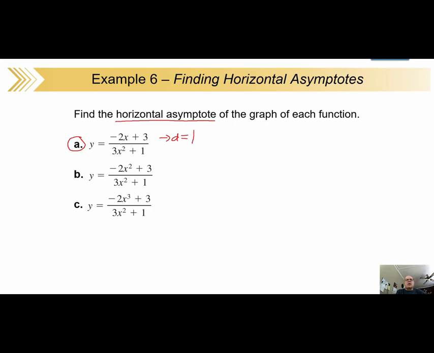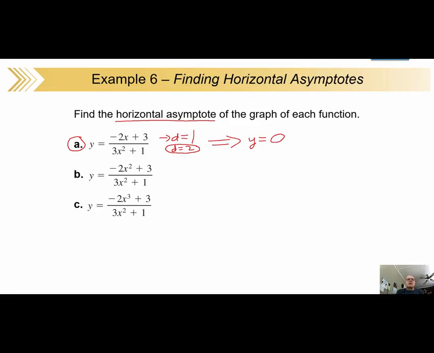On the bottom, the leading term has a 2. So the degree on the bottom is a 2. This one is larger, and if the denominator is larger degree, then our horizontal asymptote exists, and it's y equals 0. You don't even have to worry about what the number is. It's y equals 0. End of story.